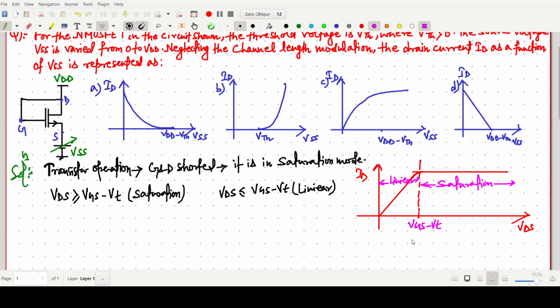So it is clear that when VDS is greater than VGS minus VT, it is saturation, and when VDS is less than VGS minus VT, it is linear. I have written that here. It is a very important point. This question is very easy, but I am discussing all the steps, meaning how we have to think.